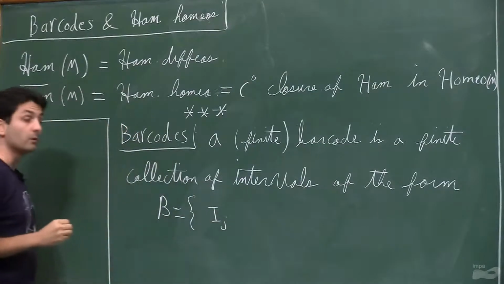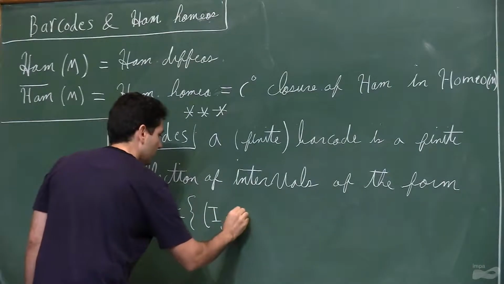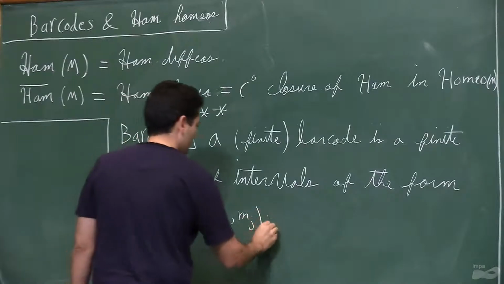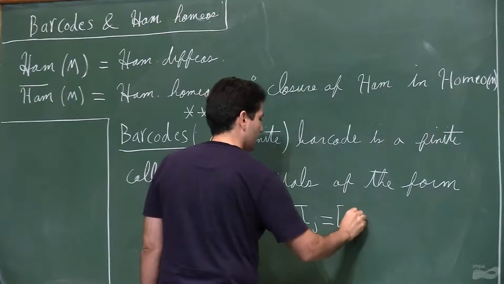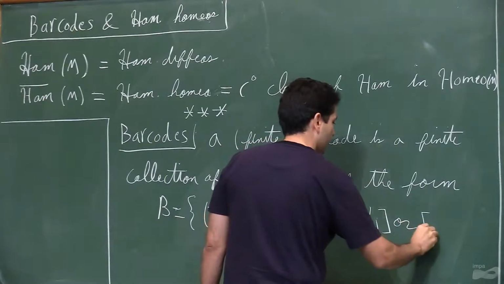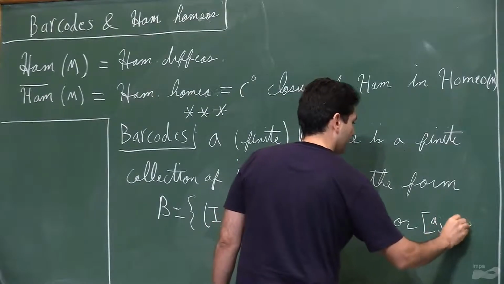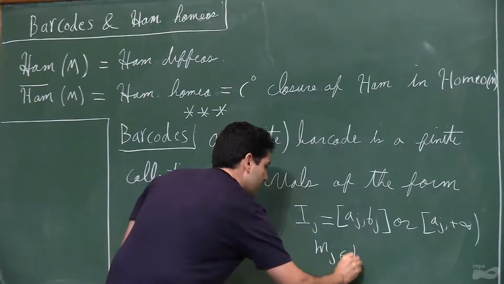Now the same interval might appear several times, so intervals with multiplicity. So I put (I_j, m_j). Now the interval can be of two forms: a finite closed interval, or a half-infinite interval. And m_j is a multiplicity, so it's a natural number.